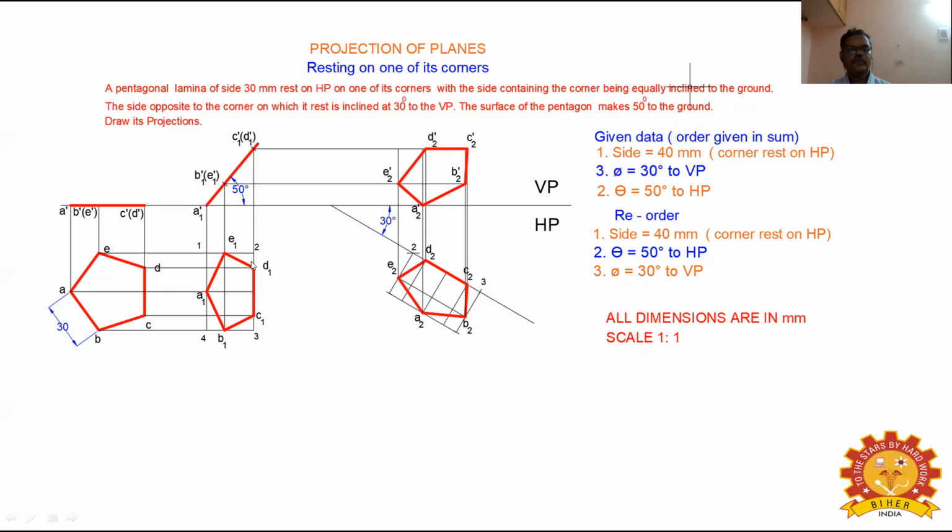From 2, measure the distance between 2 to D1 and cut an arc, mark as D2. From 3, measure the distance to C1, cut an arc, mark as C2.